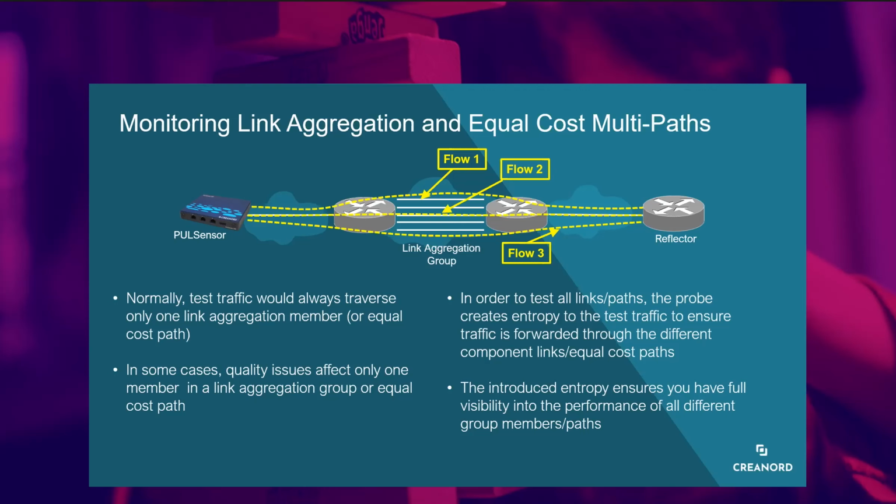However, it's possible for the probe to create entropy in the test packet, so that there are actually multiple flows being sent out and being hashed differently, so that if you have enough entropy, you will actually test all of the link aggregation group members and all of the equal cost multipaths. And thus you are getting visibility into the full network again.